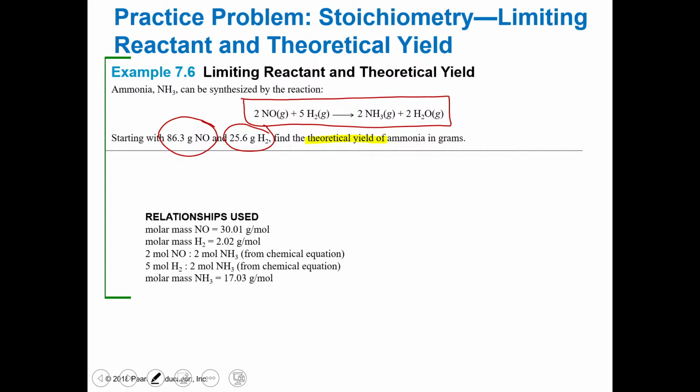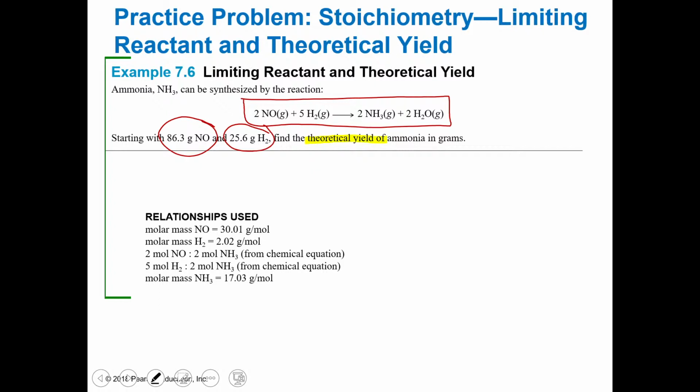Keep in mind, theoretical yield means theoretically, on a piece of paper, in a perfect world, in a vacuum. I don't spill anything, I measure perfectly correctly, the reaction goes to 100% completion. Theoretically, mathematically on a piece of paper, how much ammonia can I get?